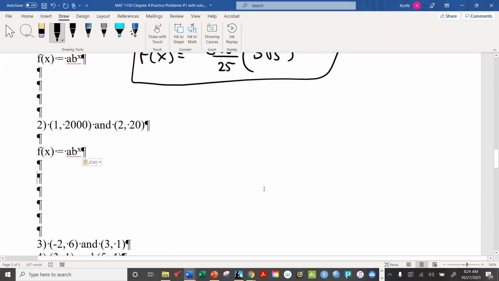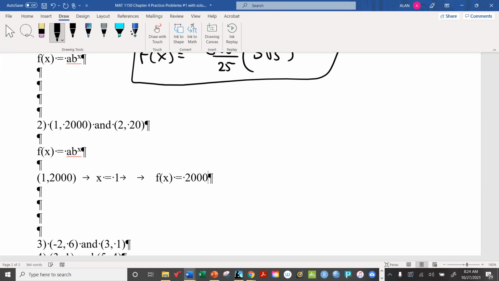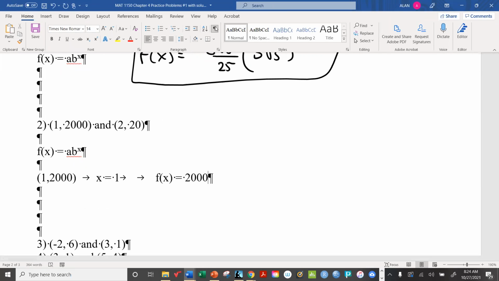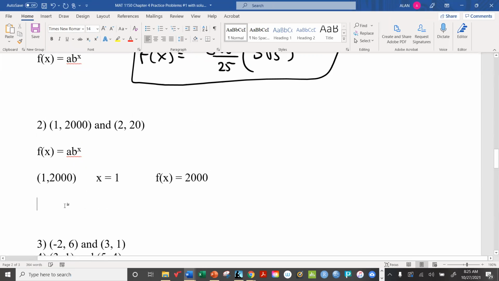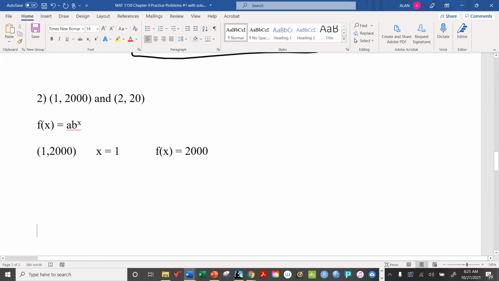And so in the first case, this implies that x equals 1, f of x is 2,000. So when you plug everything in, you'll get 2,000 equals ab to the first power.